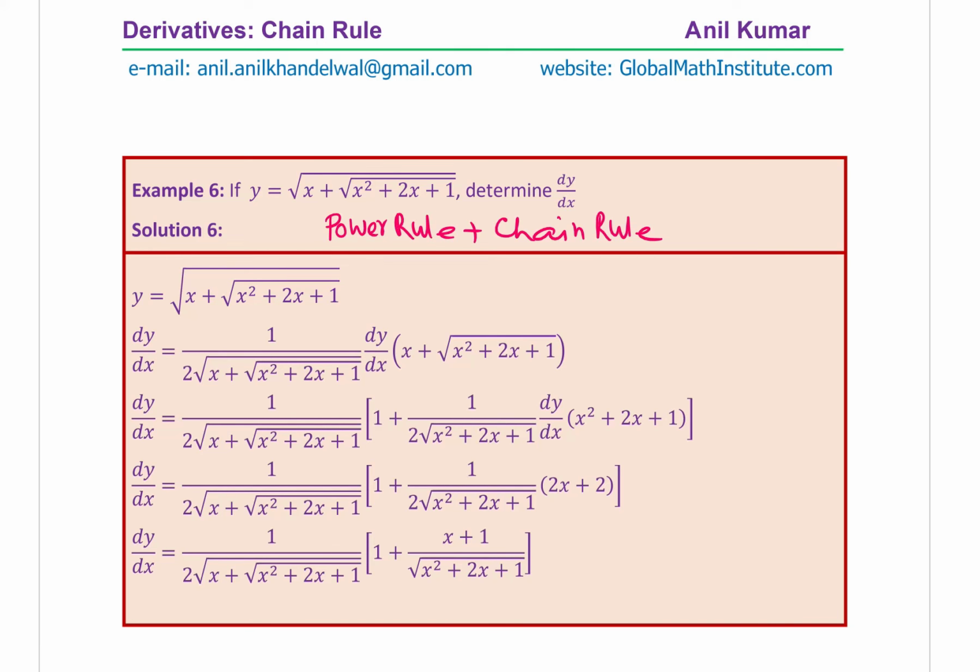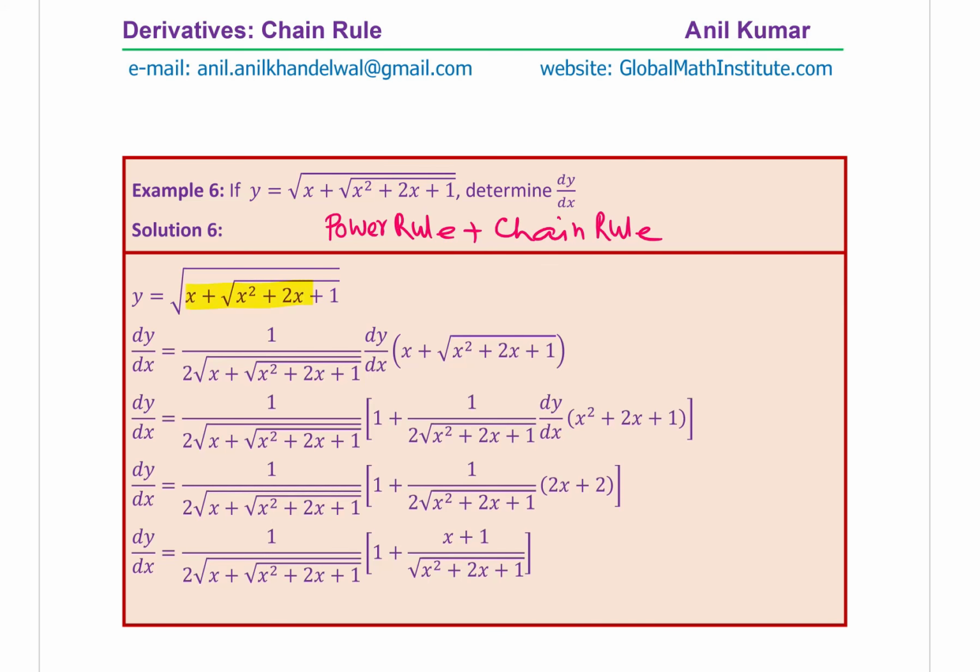So the outside function is a square root function. The square root function derivative is 1 over 2 square root of everything. Do you understand? Outside function is the square root function. Derivative is 1 over 2, and the square root function comes as such in the denominator. Now, derivative of the inside function. Do you see that?